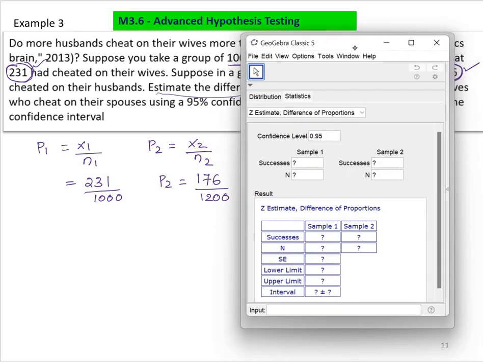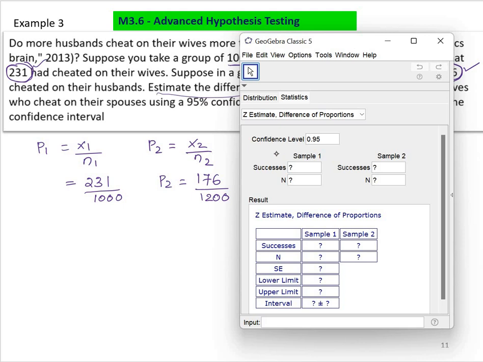Choose that one, and then the confidence level that is given to be 95%, so it is 0.95. And for the first one, successes is 231, so we just need to input that there, 231, and n is 1000. Then successes in the second sample is 176, and n value is 1200. Okay, and that's it.